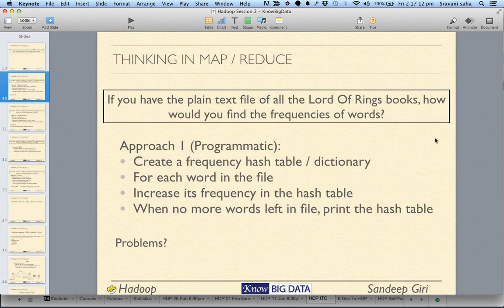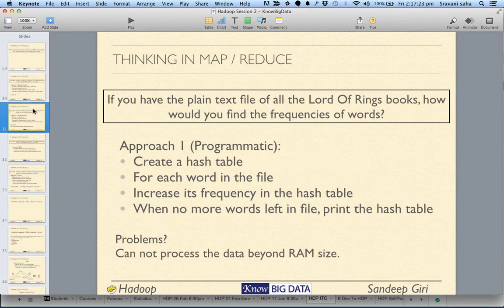Good. So basically the problem lies in the memory footprint, okay, because we are putting all the data into the memory. So that is the biggest problem. Now, if I have to ask you, what will you do in case you have to find the word count for a bigger data which does not fit into the RAM?